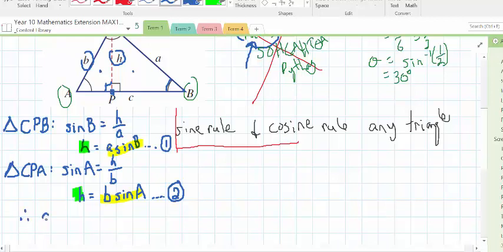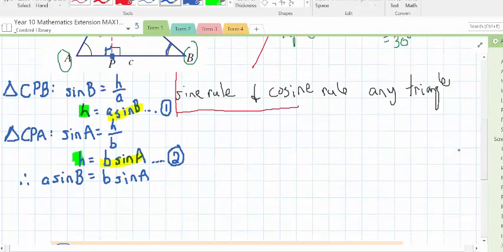So we write therefore A sine B equals B sine A. They're equal to each other. We can rearrange that now, and we're nearly arriving at what's called the sine rule.